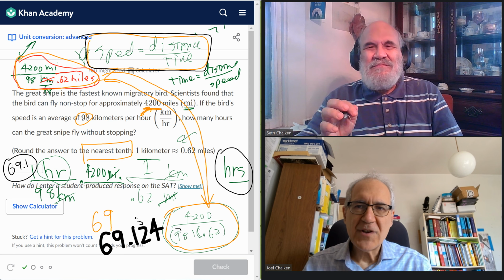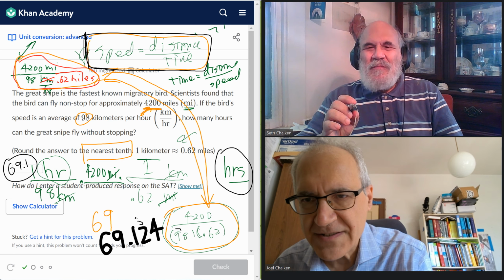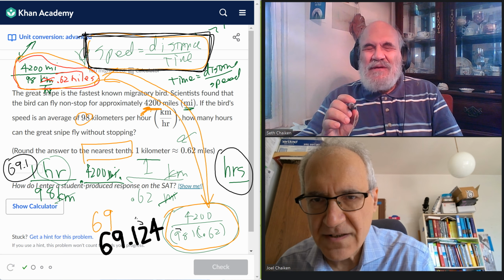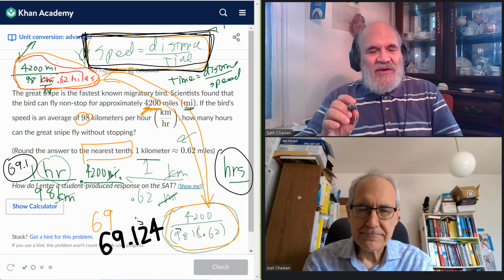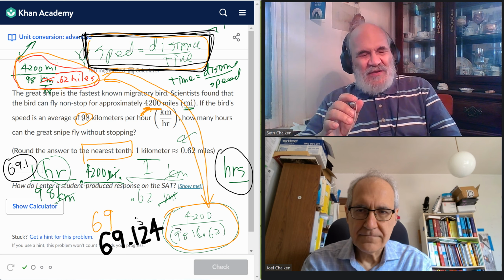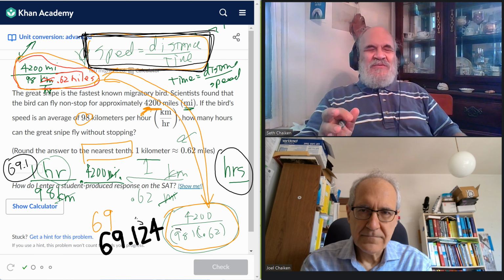Yeah, you're right. It would have been better just to do speed is equal to distance over time, which is a really, very basic formula that everyone taking the SAT should be familiar with. So it's a matter of understanding the connection between the three quantities: time, distance, and speed.